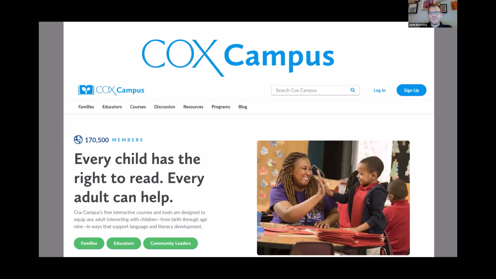And you can access it for free, like I said. We are able to offer it to you for free because of our support with the James M. Cox Foundation. So in the chat, there is a link to coxcampus.org. If you have not gone on there, please go on there, create an account, and you will be able to get started on courses right away.